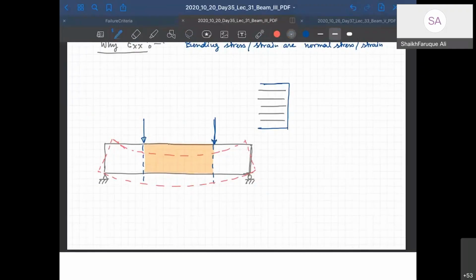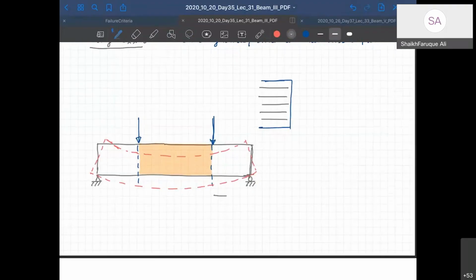Now when it compresses or when tensile, it elongates. And what is this direction? This direction is my x, right? And that is my y. So that is my x direction. So these fibers are along the x direction. And now we are saying that this fiber is going to be like this. So the fibers on the top side have compressed in length.